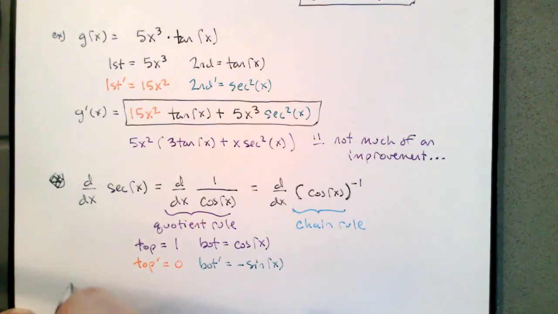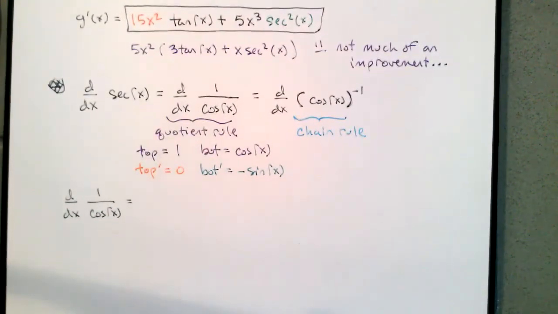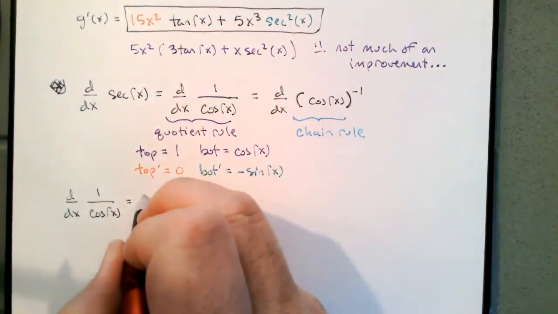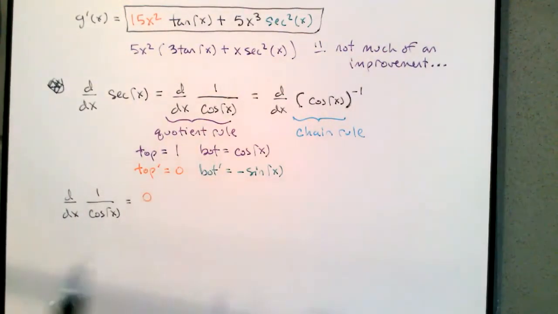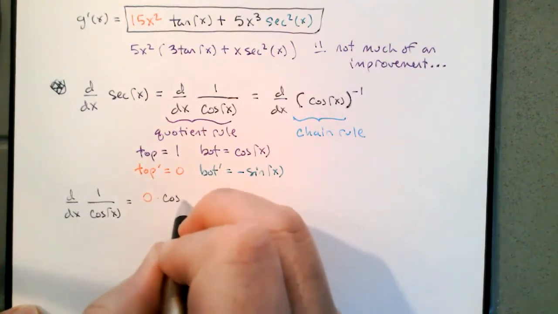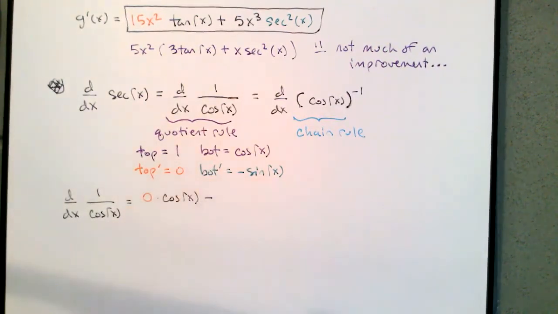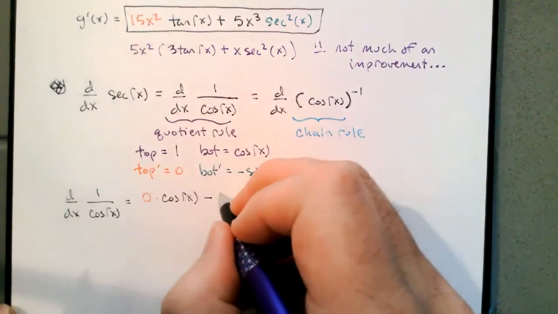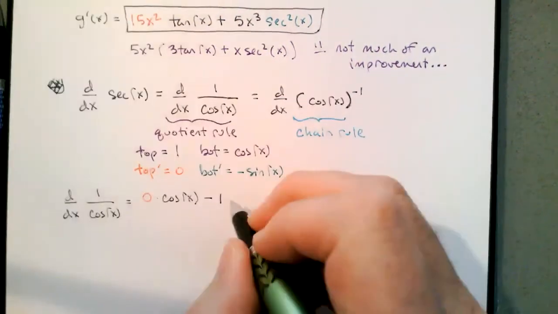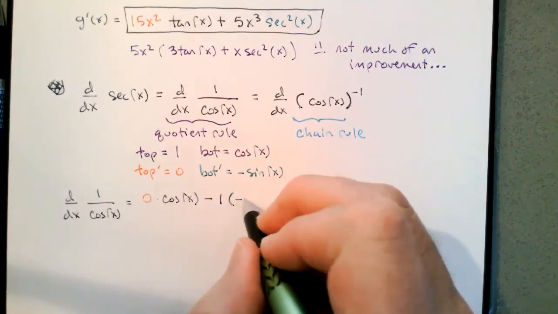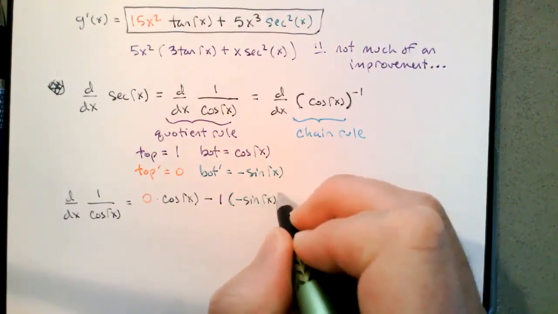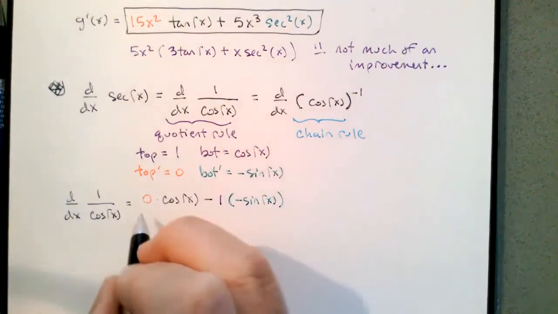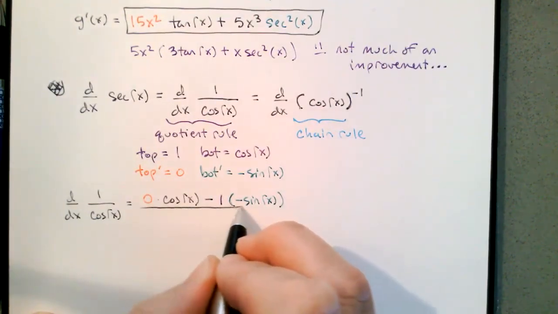So the derivative of 1 over cosine x: I'll have the derivative of the top times the bottom minus the top times the derivative of the bottom, all over the square of the bottom.